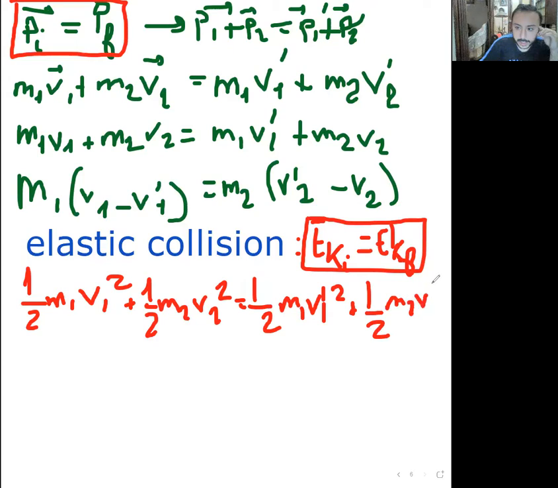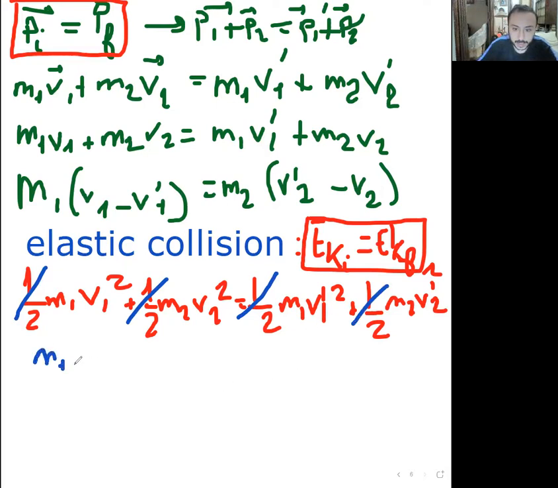So we just change the velocities. And then we can regroup also. We can simplify by 1 over 2. The 1 over 2 is gone here and here and here, because they are all the same factor.